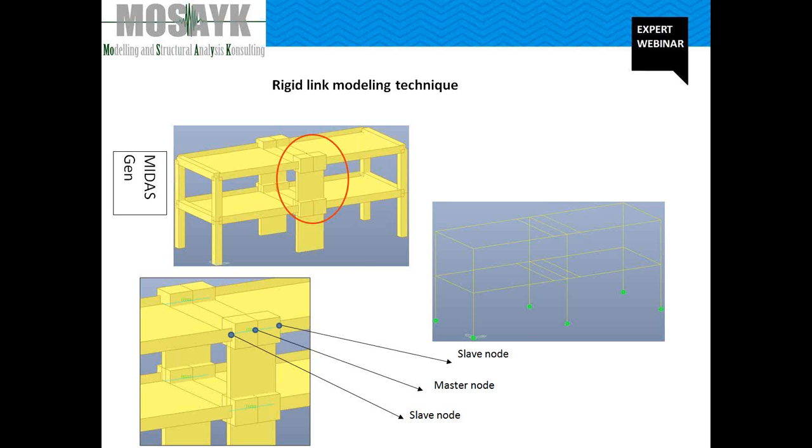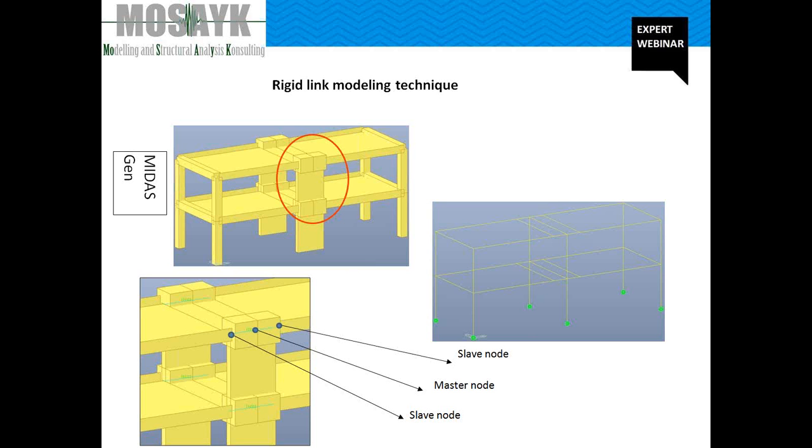Important in Midas Gen is the tool that makes the practitioner able to represent the real behavior of the wall by imposing that the slave nodes behave as the master node. This is for sure a better way to model the wall than the rigid link, because we know that the rigid link makes the stiffness matrix less stable.